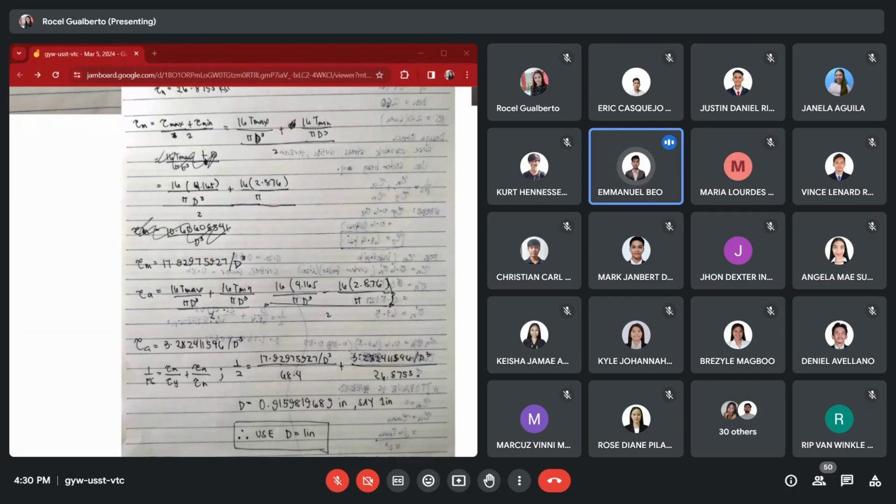And ang nangyari po ay 1 over 2 is equal to 17.1297597 all over d cube over 68.4 plus 3.282411546 over d cube all over 268755. And ang naging sagot po ay 0.9159819689 inches, and sa standard size po niya equivalent po siya sa 1 inches. So ang sagot po ay D is equal to 1 inches.